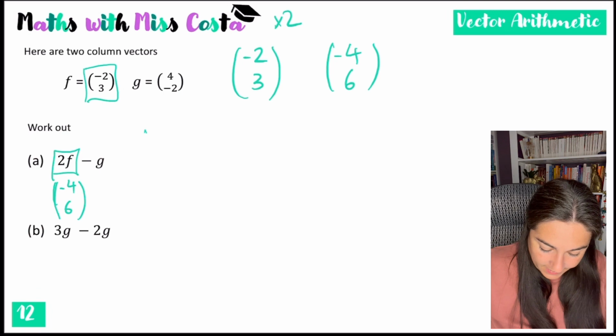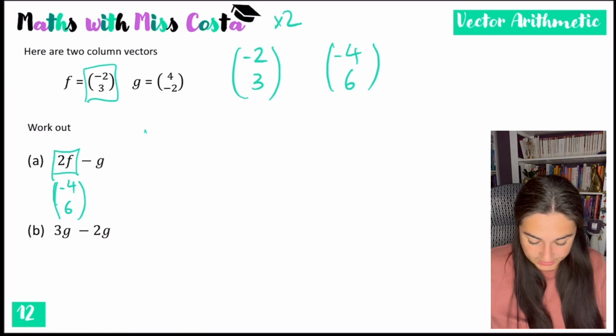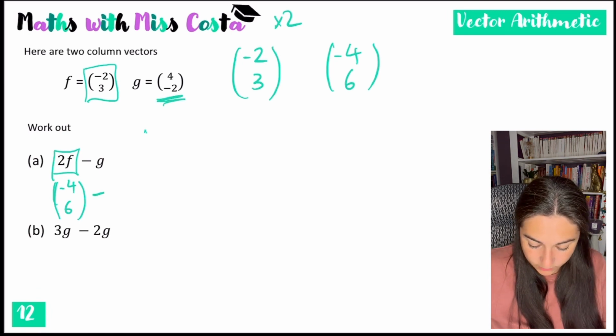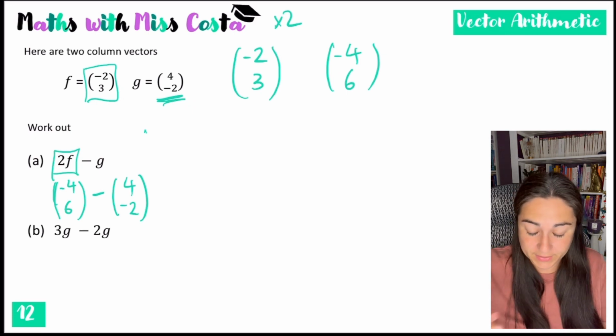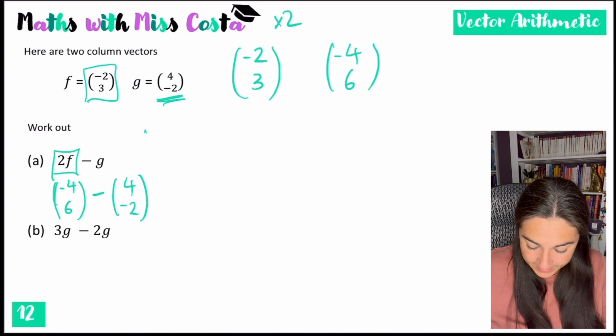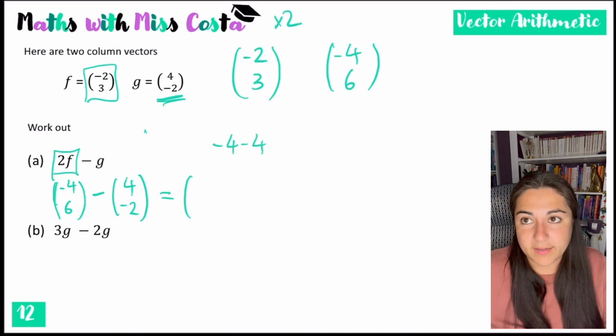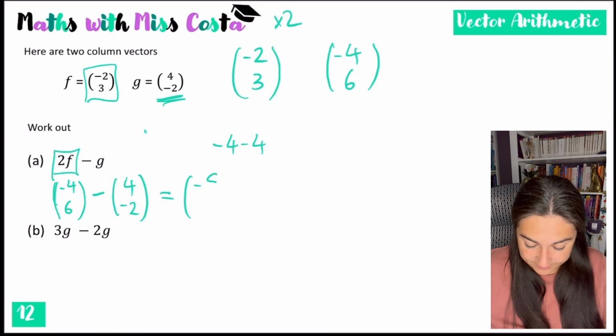Okay? Then you're subtracting g. So g, we've been told, is (4, -2). So once you've worked out what your vectors are, you just subtract them. So you subtract the top part, the x values, and the y values. So negative 4, take 4, is negative 8.